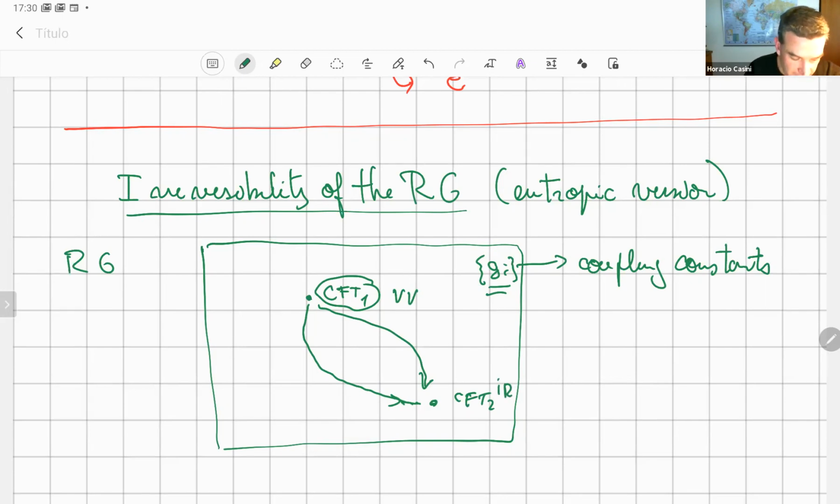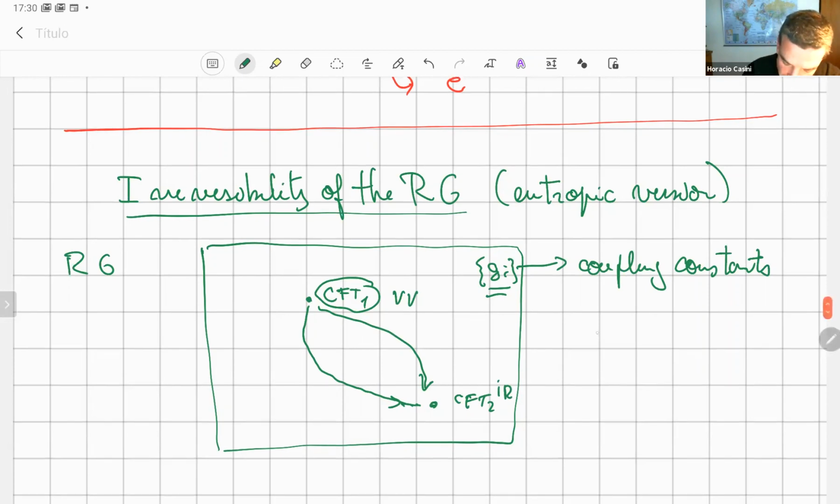And then the irreversibility of the renormalization group tells that if you have a situation where CFT1 goes to CFT2, it cannot happen that you have another theory that is not conformal, but there are fixed points at small scales, and larger scales are CFT2, and you go to CFT1.